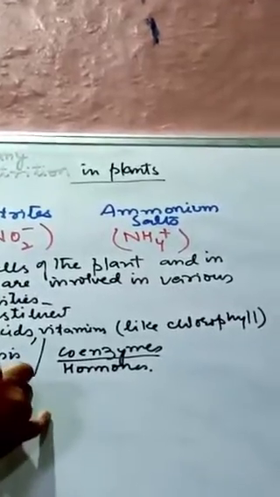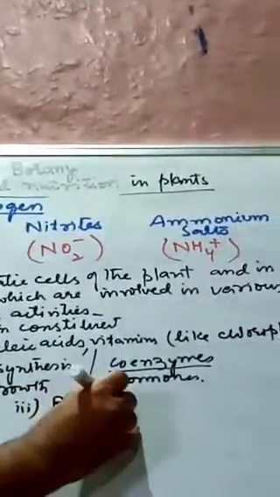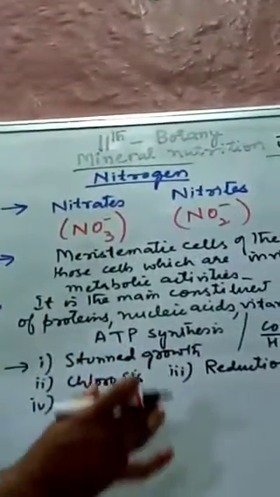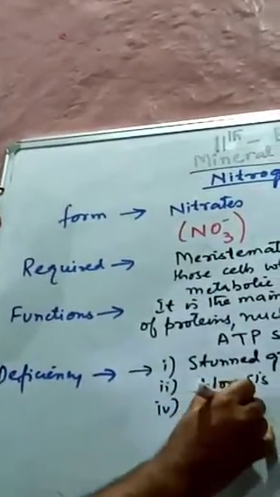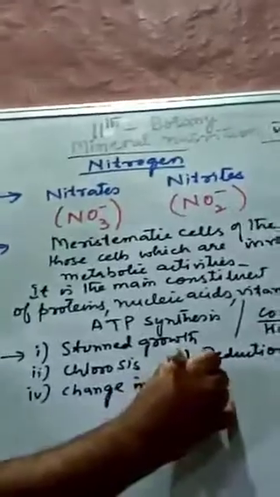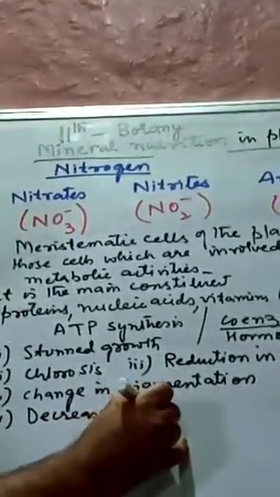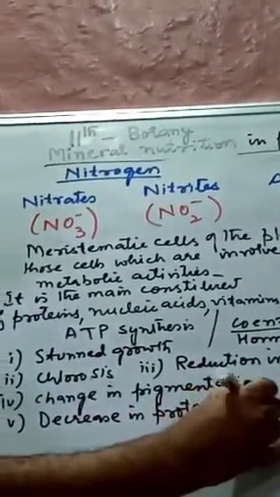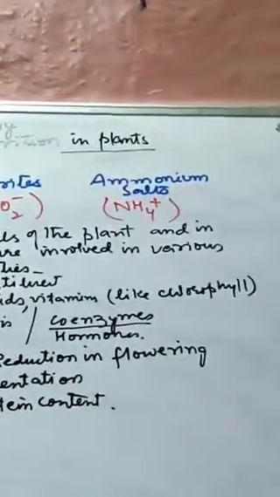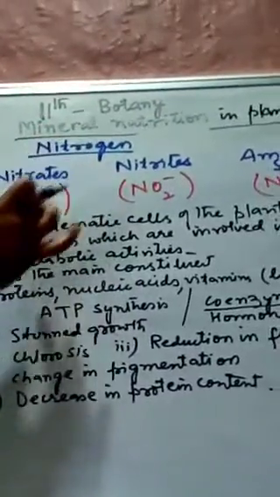We will see there may be the reduction in flowering. एक और deficiency which is found in this plant, that there is the change in pigmentation. एक और हम यहाँ पर देखेंगे, since it plays an important role in the protein, we will see there will be the decrease in protein content.